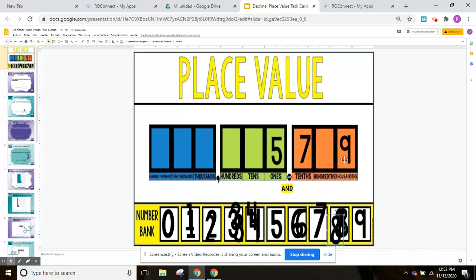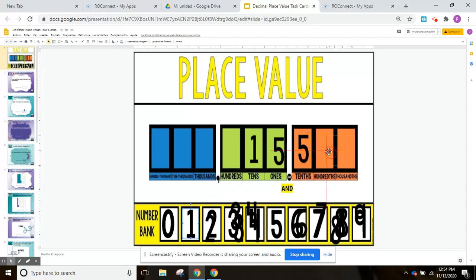So now let's see if we can try reading a few more numbers. I'm going to put a 1 here, a 5 here, a 5 here. So if I was reading this number, I have a 1 in the tens place, a 5 in the ones place. That number is 15. 15 and 5 tenths.